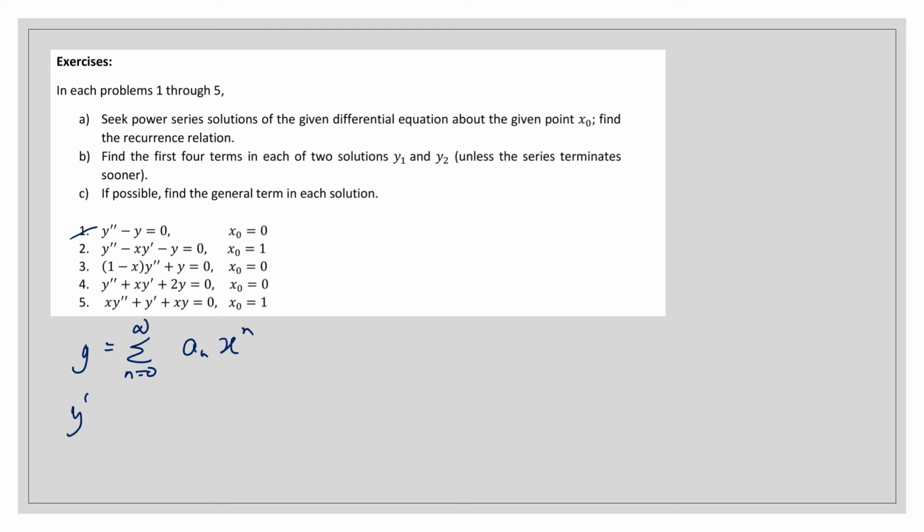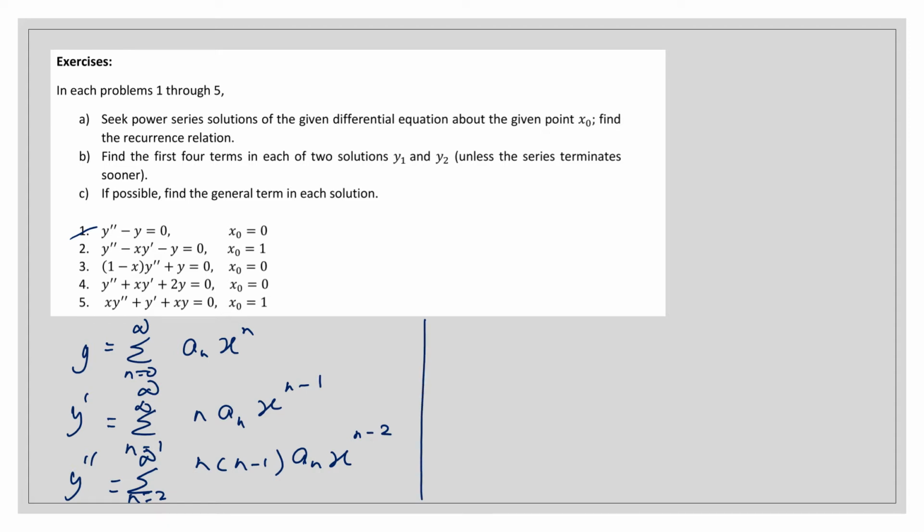So y prime is equal to the summation of n an x to the n minus 1, and y double prime is equal to the summation of n times n minus 1 an x to the n minus 2. Okay, so the first step, we substitute all of this into the given differential equation.